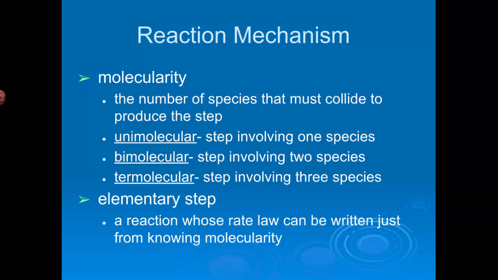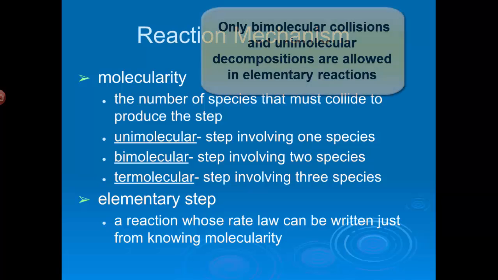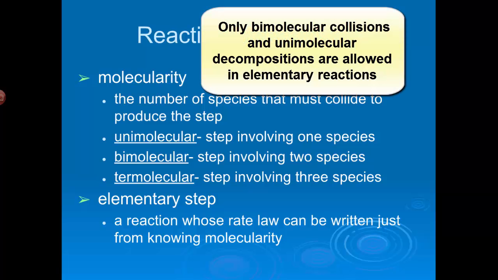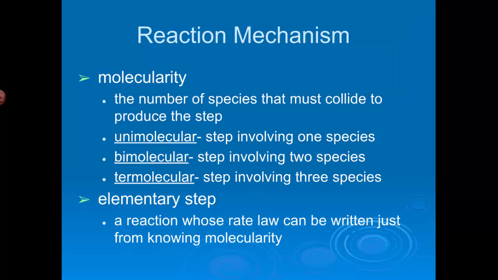Because in order for two molecules to hit each other and undergo a reaction, not only do they have to have the right energy, but they also have to hit each other in just the right way. It's very unlikely that three molecules will be able to do that successfully with any frequency. So the best you can do for an elementary step, a reaction that happens in one step, is two molecules hitting each other forming a product by bimolecular collision, or one molecule splitting into multiple products, unimolecular decomposition.